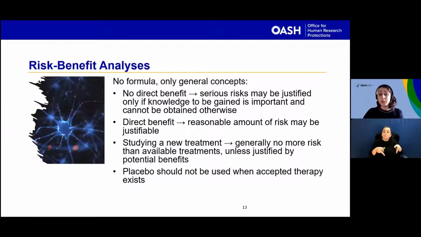And if we're studying a new treatment, the risk of the research should generally be no higher than the risk posed by the available treatments. This is the case unless the research risk is justified by the potential benefit. And where applicable, a placebo should not be used when accepted therapy exists.